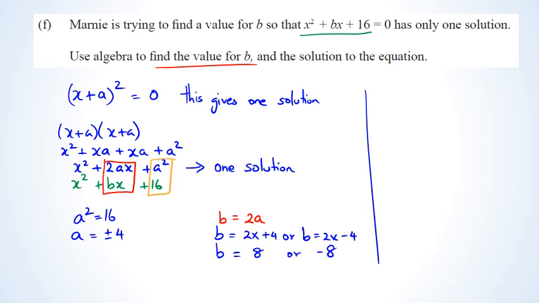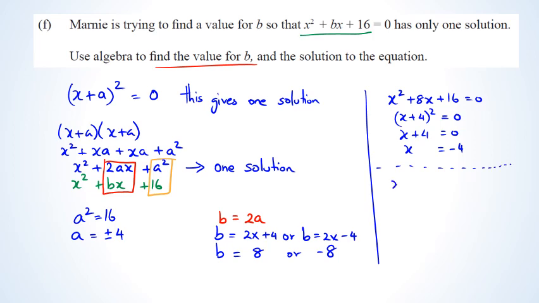The second part of the question, I need to solve it. So I've got x squared, and I'm going to use the plus 8 first for b. So x squared plus 8x plus 16 equals 0. When I do this, I get (x plus 4) squared equals 0, x plus 4 equals 0, and so my first solution is minus 4.